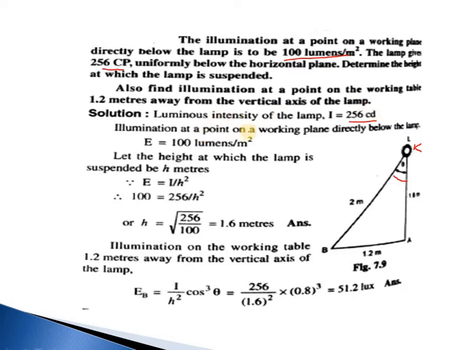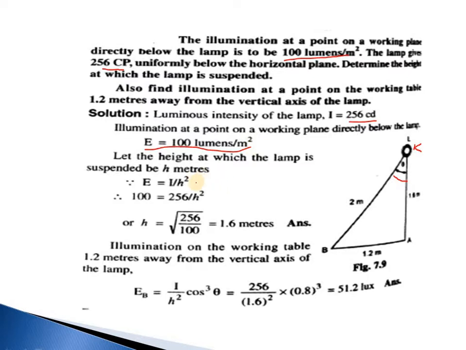The illumination at a point on the working plane directly below the lamp is given, that means E equals 100 lumens per meter square. Now, let the height at which the lamp is suspended be h meters.